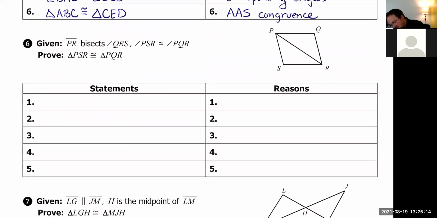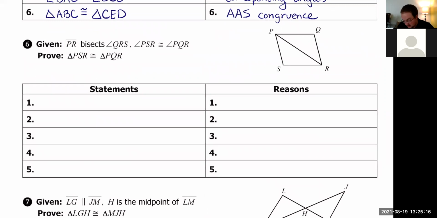Moving on to the next one. Given two bits of information here. Segment PR bisects angle QRS. I'm guessing I'm going to need to trace that one here in just a minute when I'm ready for it. And angle PSR, which is right here, is congruent to angle PQR, which is right there.